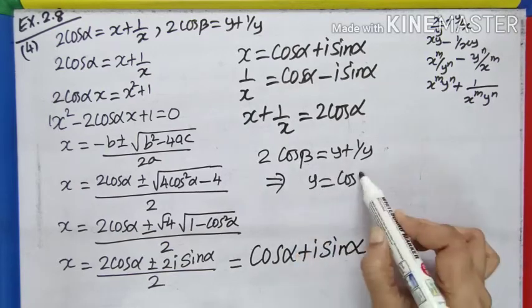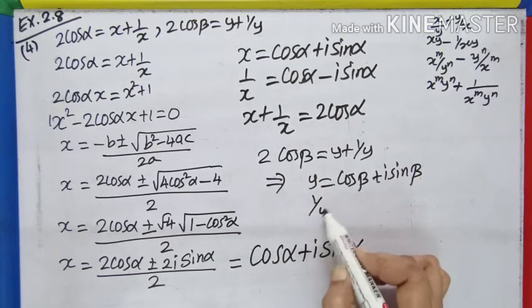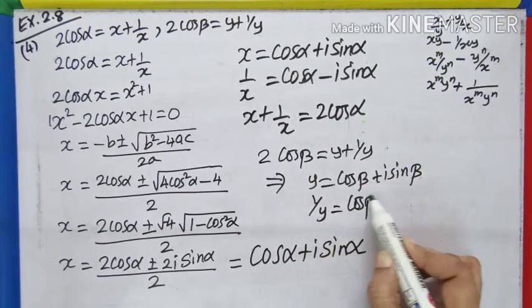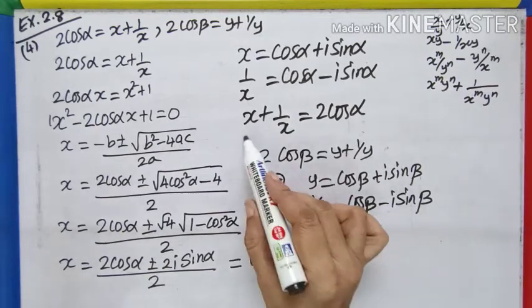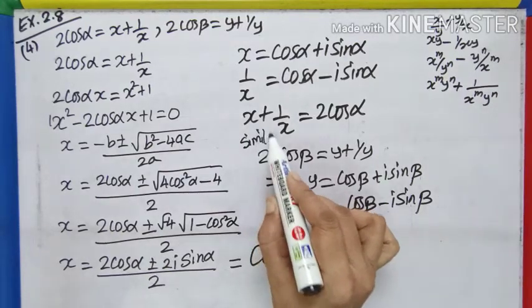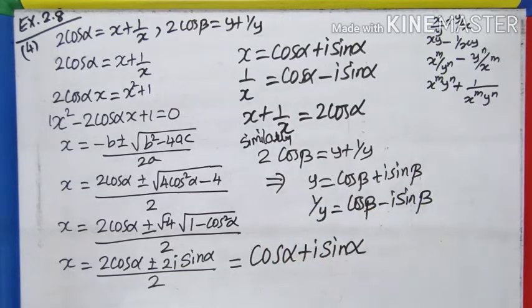It will be cos beta plus i sin beta. And what is 1 by y? Cos beta minus i sin beta. So I can just use the word similarly, and I can write this answer.